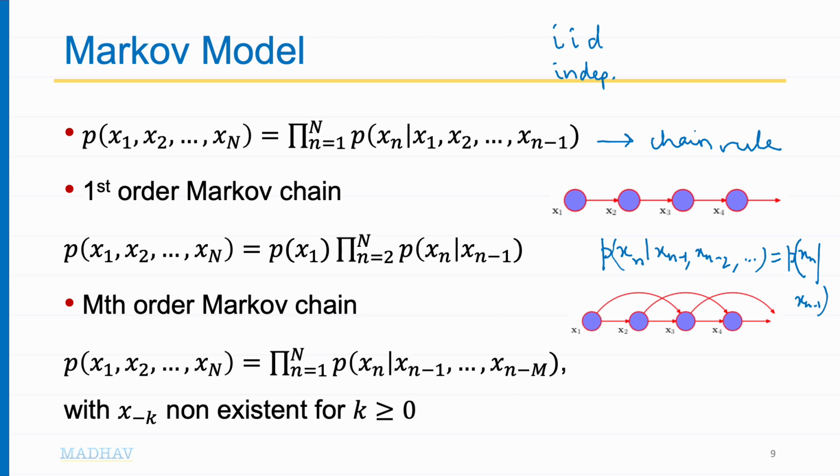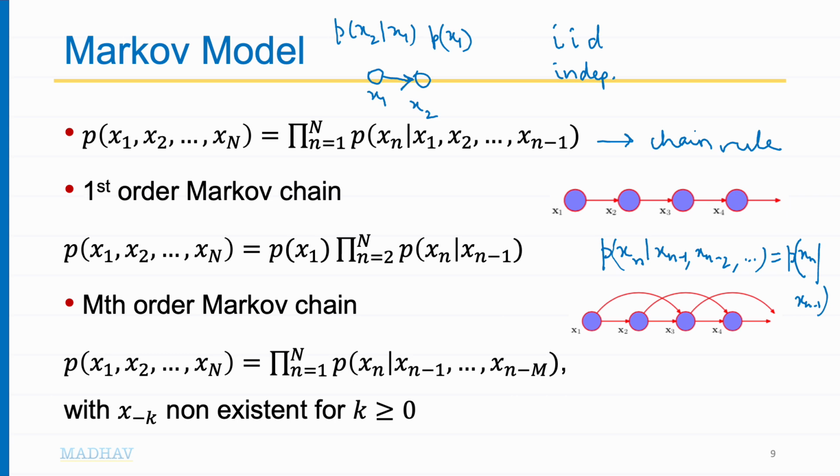Do you know this graphical notation? Let's say in general I have P of x2 given x1 into P of x1. Then I can simply write it as a graph: this is my x1, this is my x2. This graph represents this formula.